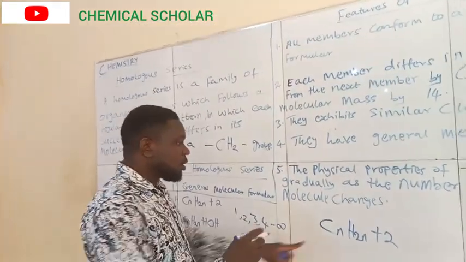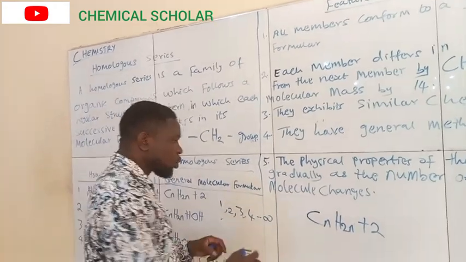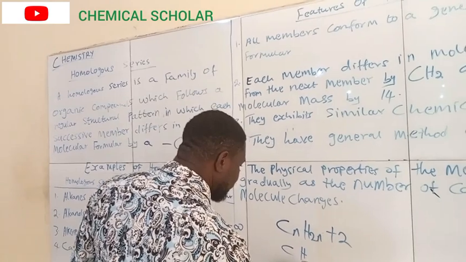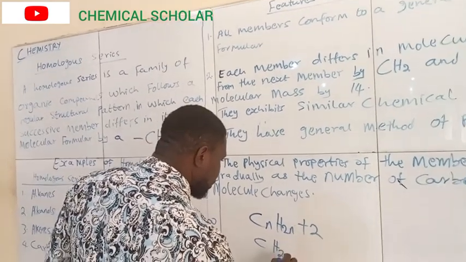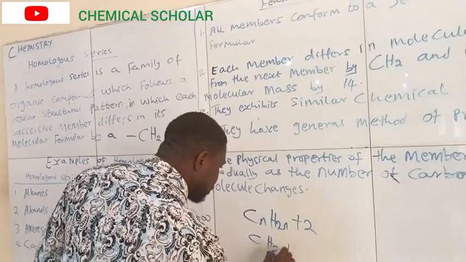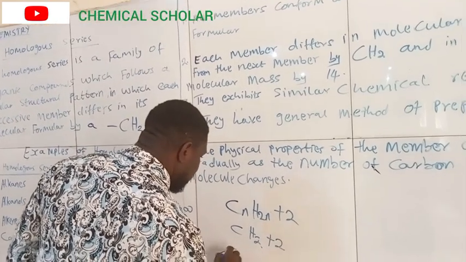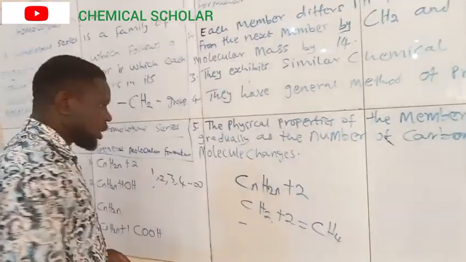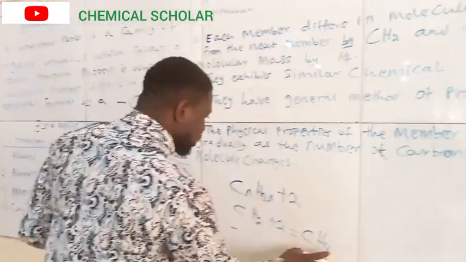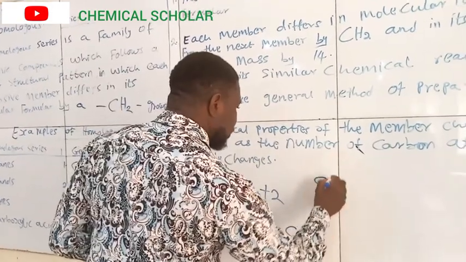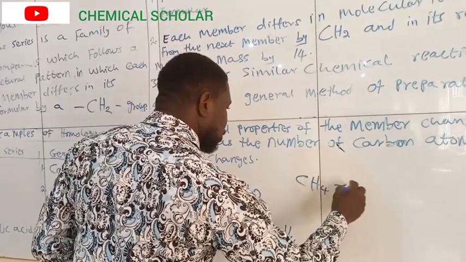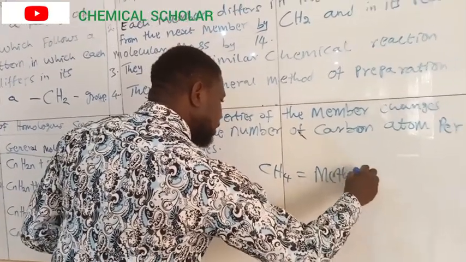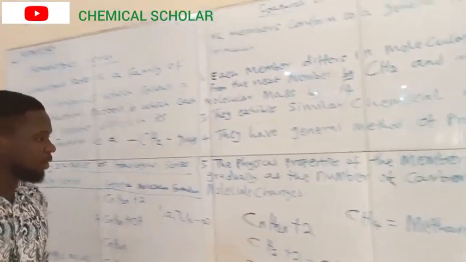So assuming the n here is 1, the first member of the family is CH2 plus 2H, which is equal to CH4. So this is CH4, and CH4 is called methane. That's the first member of the family.